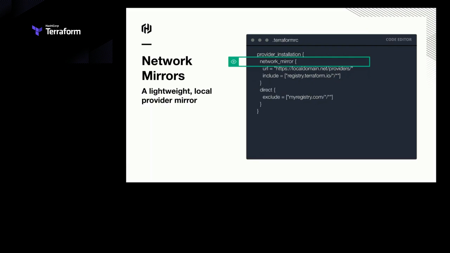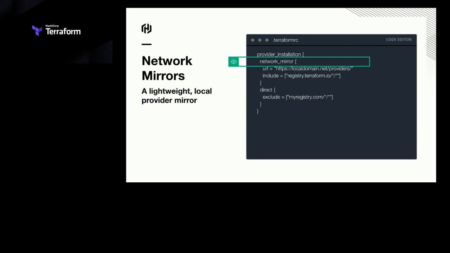Now, what we've done with Terraform 0.13.2 and later is introduce the concept of network mirrors, which allows you as a small team or an organization with particularly bespoke provider installation needs to create a simple static mirror for providers you use.